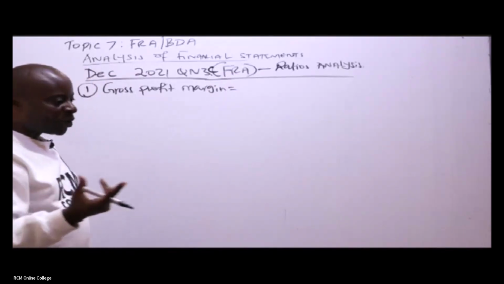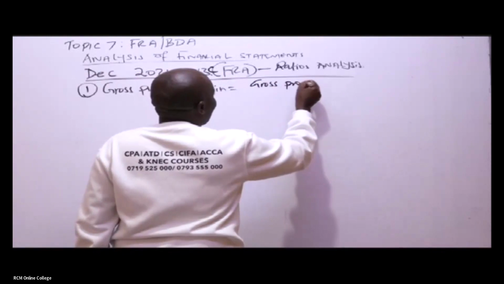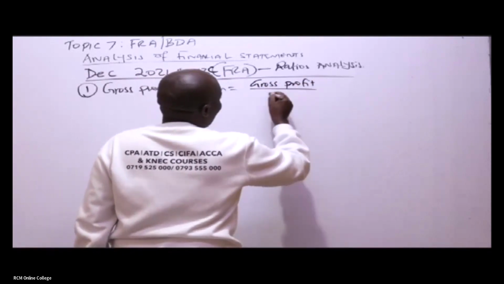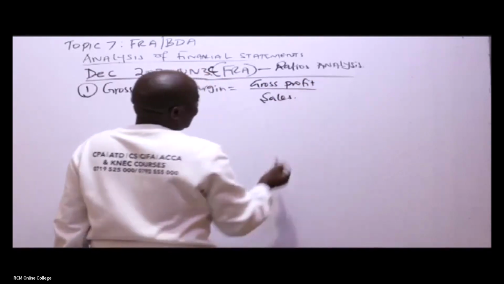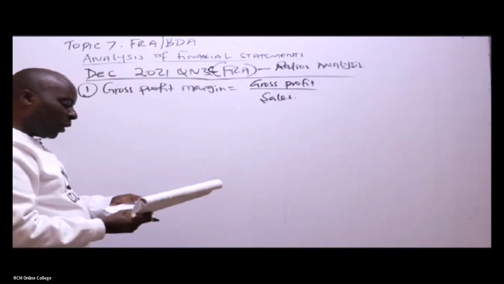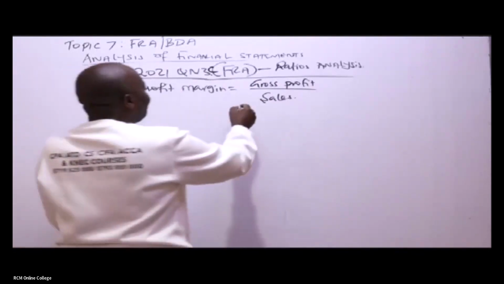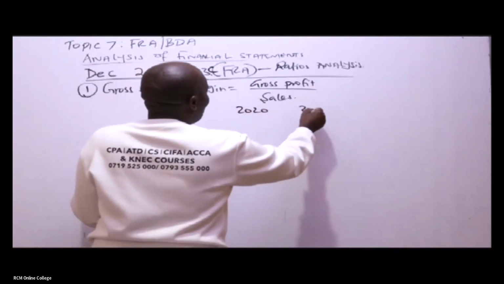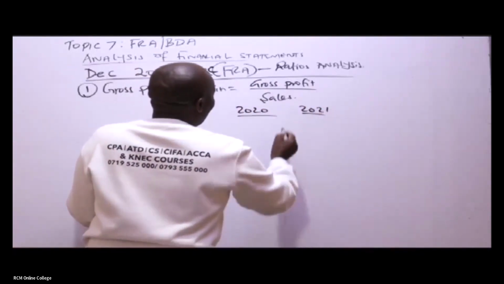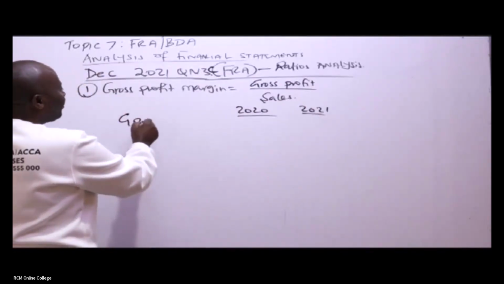So gross profit margin will be gross profit all over sales. Let's calculate these for each of the 2 years, 2020 and 2021.